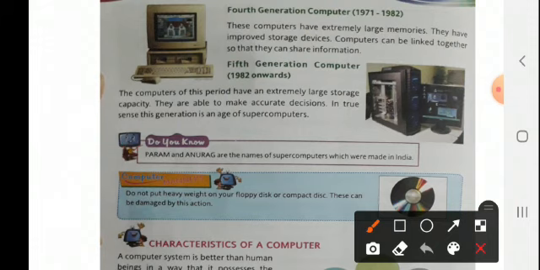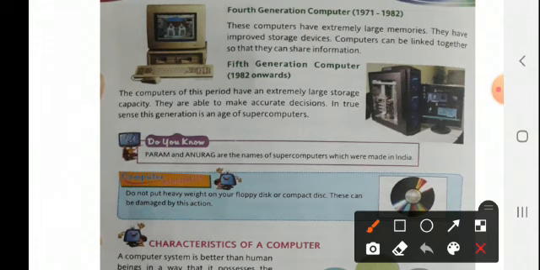Now the fifth generation computer, now we are using the fifth generation computer. So what are its characteristics? Computers of this period have extremely large storage capacities, as we know very well, and they are able to make accurate decisions. In the true sense, this generation is an age of supercomputers.